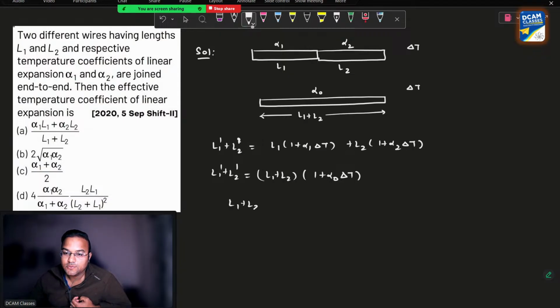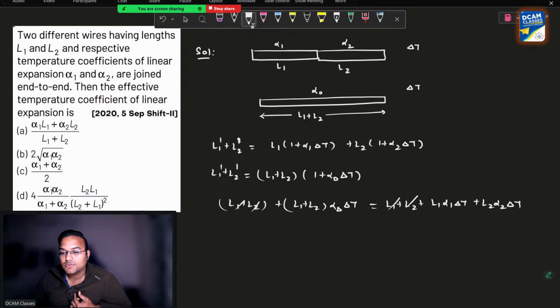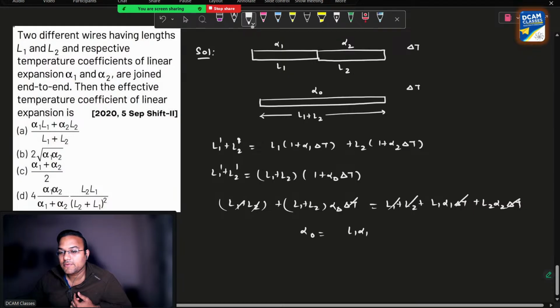L1 plus L2 plus L1 plus L2 into alpha naught delta T is equal to L1 plus L2 plus L1 alpha 1 delta T plus L2 alpha 2 delta T. This you can cancel out, and delta T also you can cancel. So alpha naught is equal to L1 alpha 1 plus L2 alpha 2 divided by L1 plus L2.